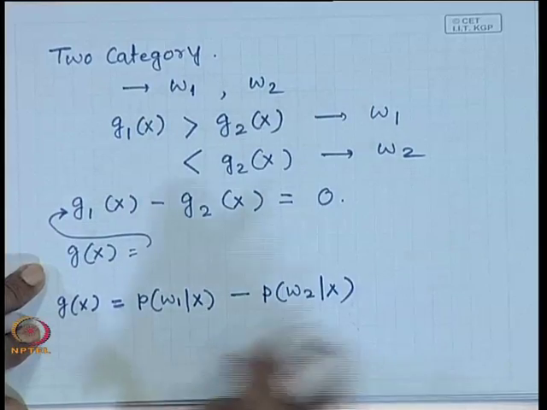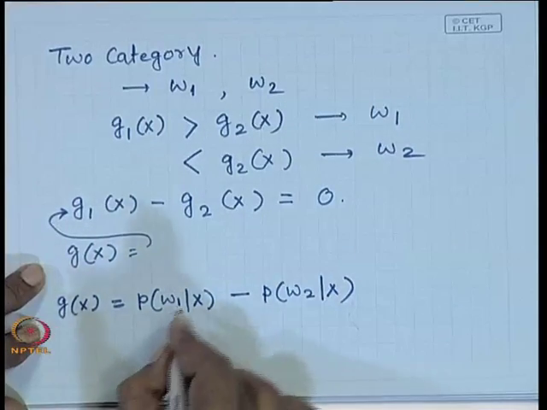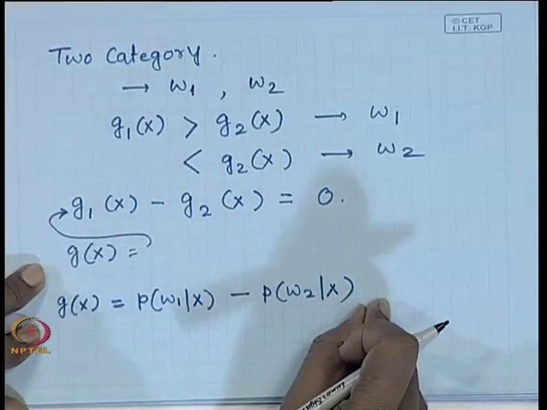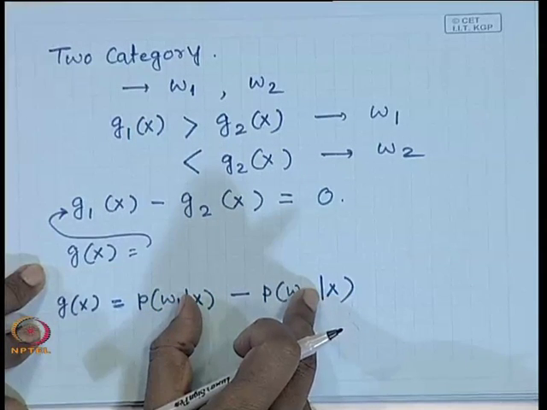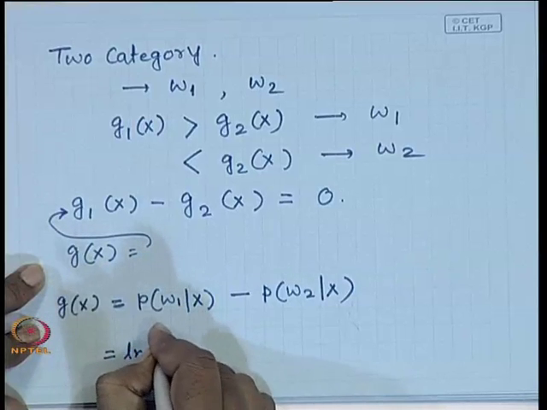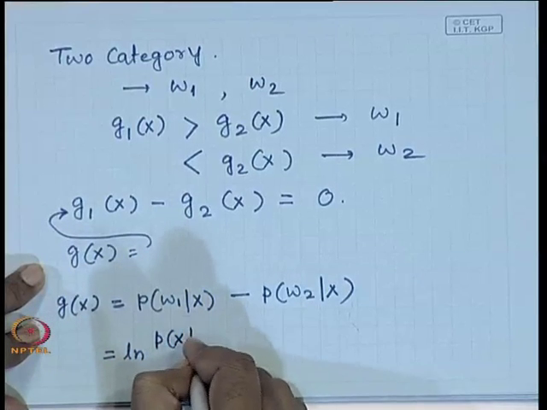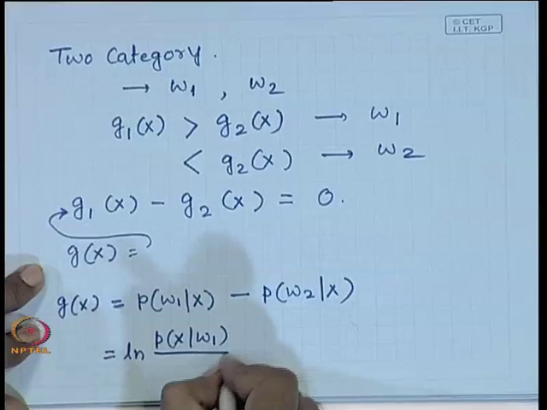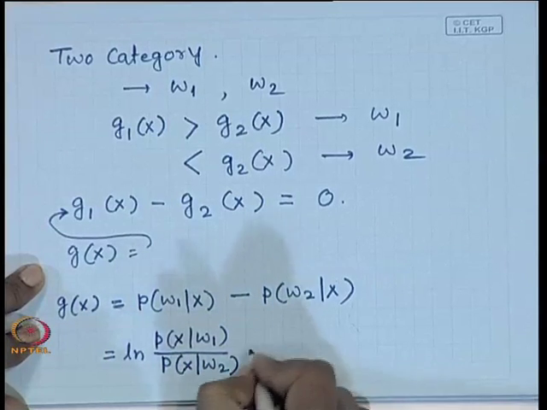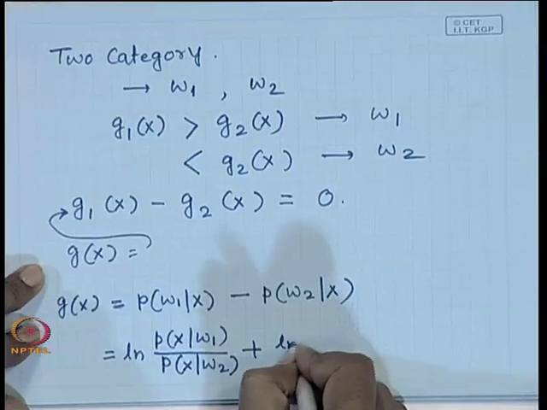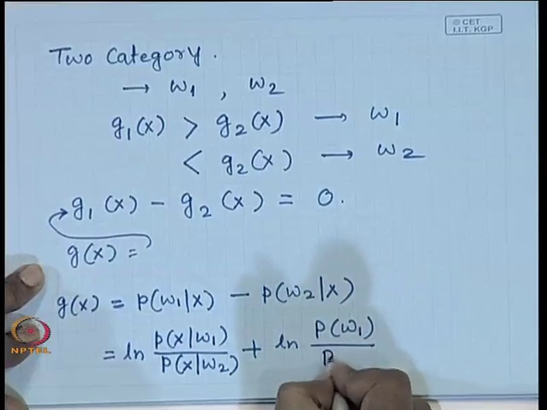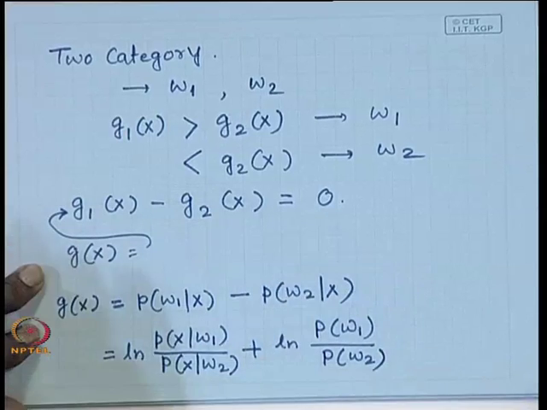And by expanding this in terms of a priori probability and class conditional probability, this will simply be written as ln of P of x given omega 1 upon P of x given omega 2, plus ln of P of omega 1 upon P of omega 2.